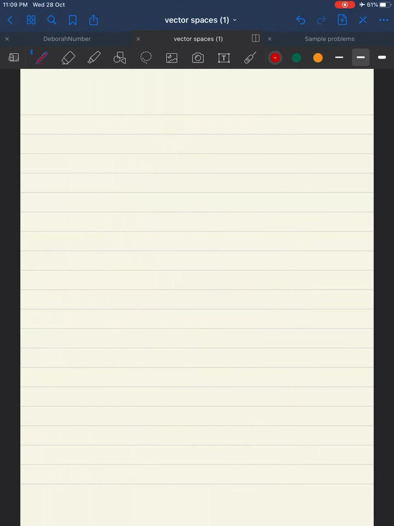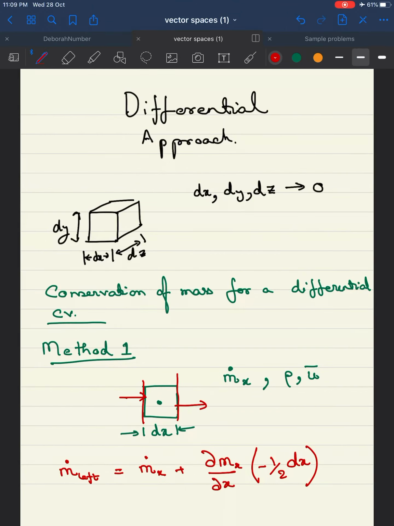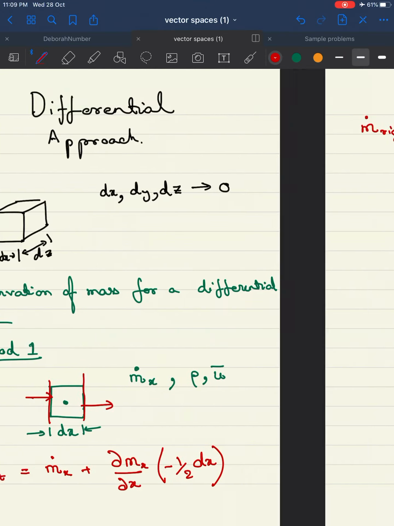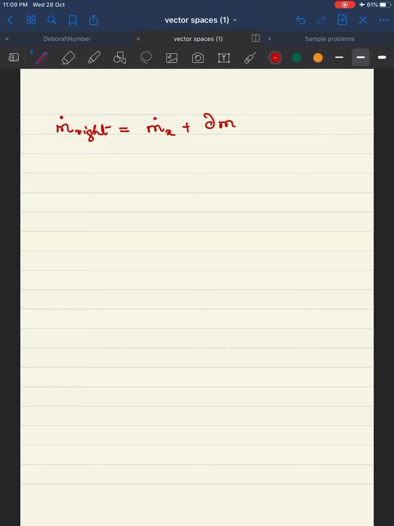And what is happening on the right? M dot right is also rather straightforward, which is just m dot x, the same thing but with a plus sign here where you had a negative sign. So let us expand this a little bit more.